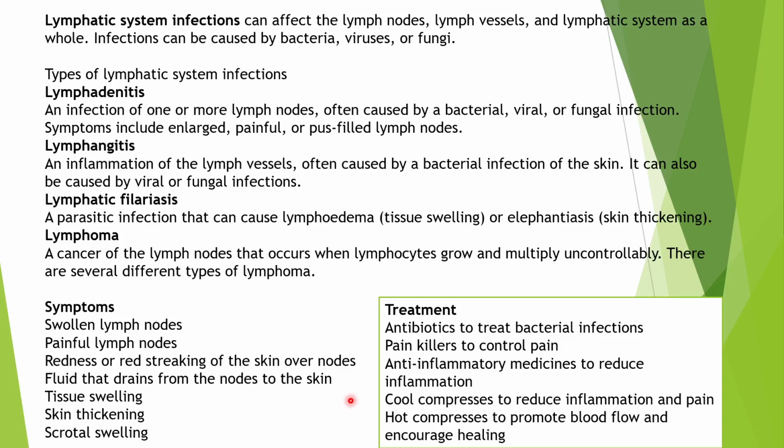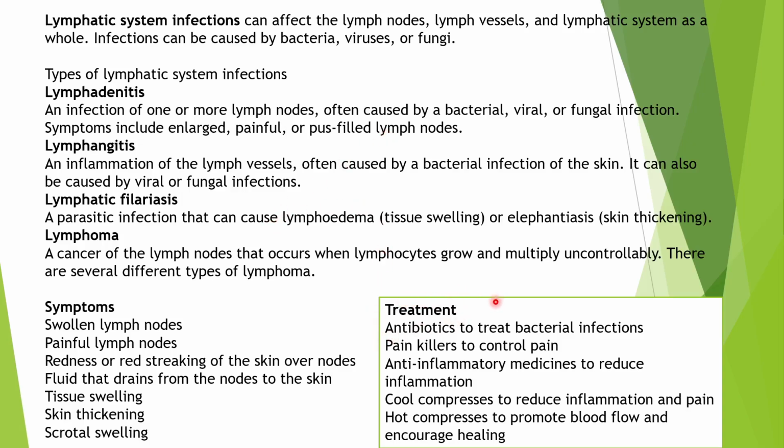So now, because the fluid is so much, or if there is any obstruction and no normal flow of your fluid, it will start draining into your skin, and then edema will be formed. So then tissue swelling, skin thickening, scrotal swelling, etc. All these are symptoms of your lymphatic system infection or disease.